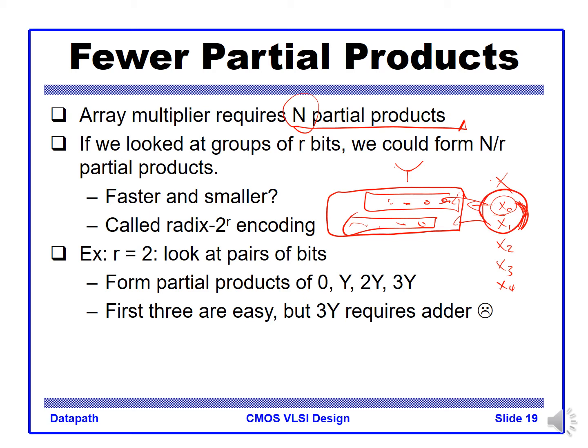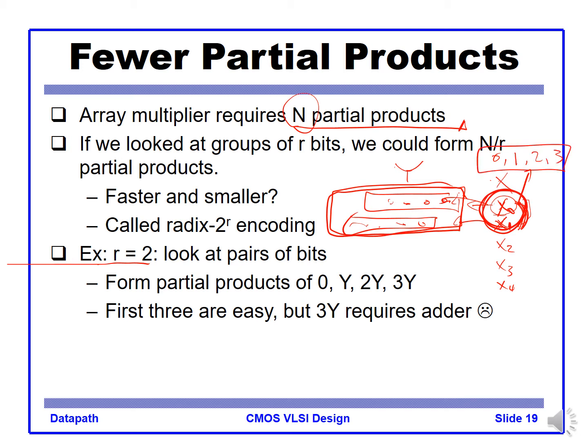By looking at the multiplier bits and generating the partial products this way, we get a fewer number of partial products. For example, looking at 2 bits, the combination of the 2 bits results in 0, 1, 2, and 3.